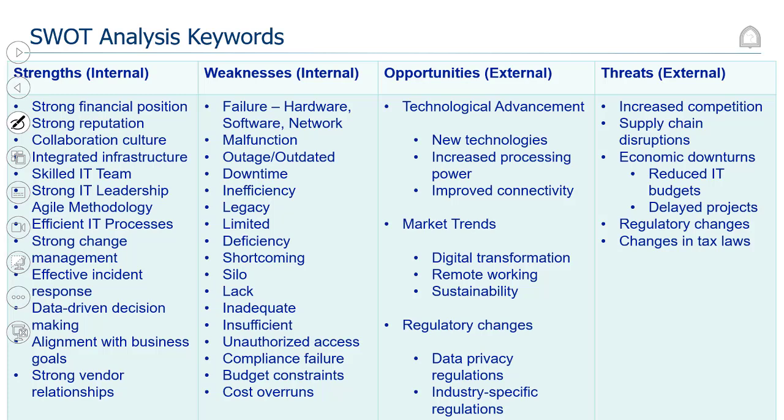If you're looking for strength, those are some of the keywords that will often come in. If you're looking for the strength, things like strong financial position, strong reputation, and as Mariam said, these are your strengths. These are internal, okay? Now, some of these internal strengths are not mutually exclusive.